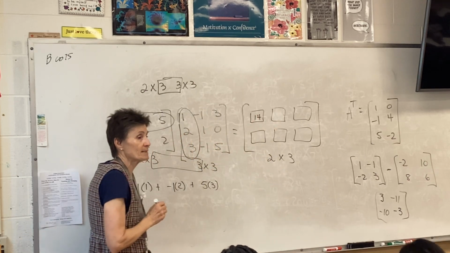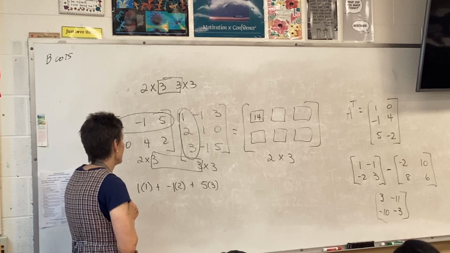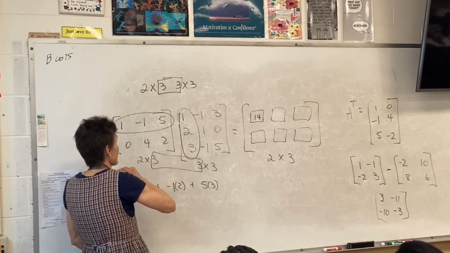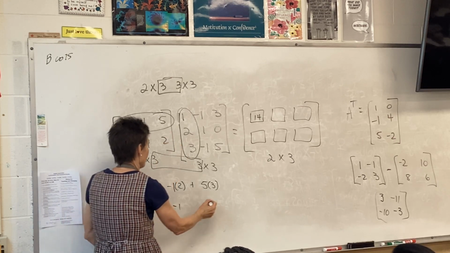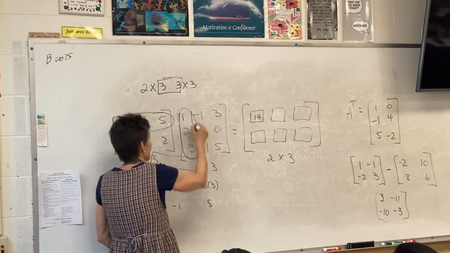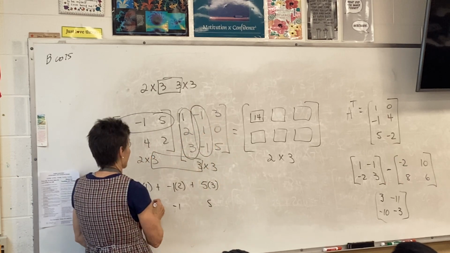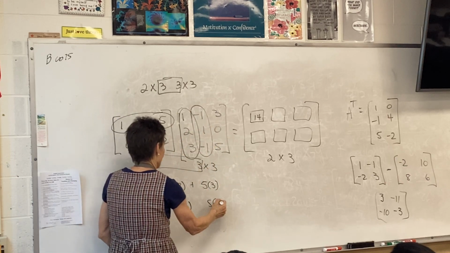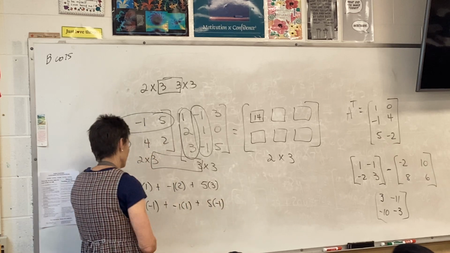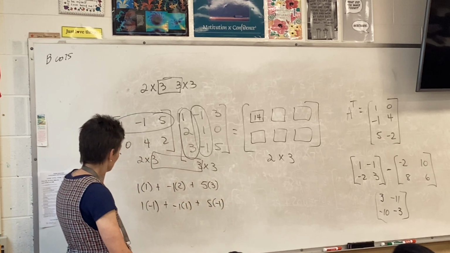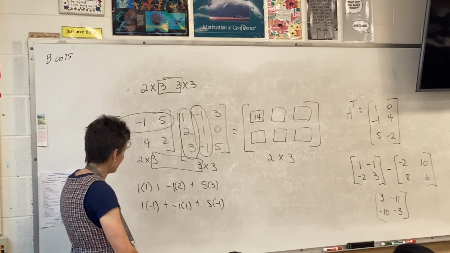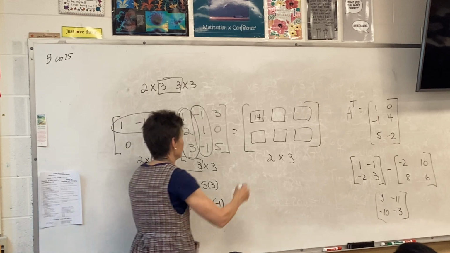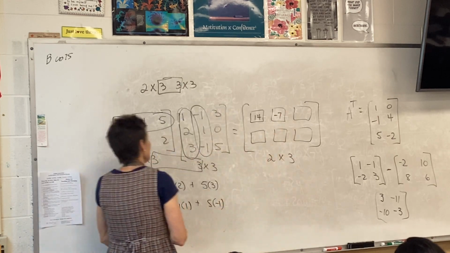It's easy to make arithmetic mistakes, so be careful. Now, we'll do exactly the same thing, but we'll take our 1, -1, and 5 times this column. -7? And then we do it again.